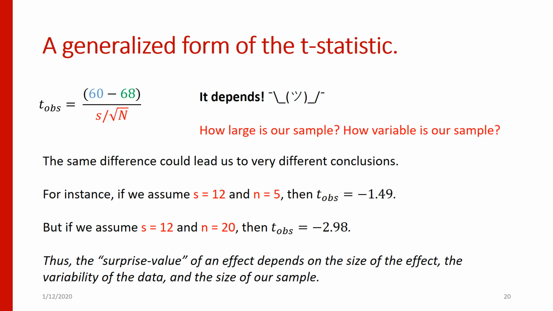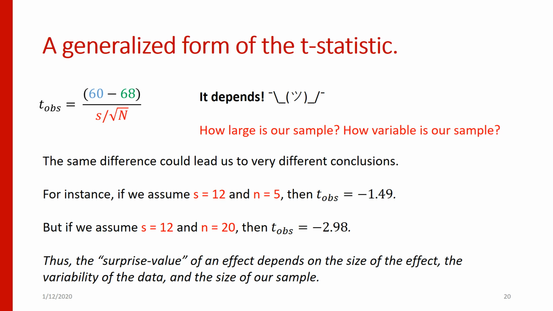So we can see how these different factors affect how surprising what we observe really is. The surprise value depends on the size of the effect, the variability of the data, and the size of our sample. Because remember, as t observed gets more extreme, either in the positive or negative direction, it's less likely to have occurred due to sampling variability alone.